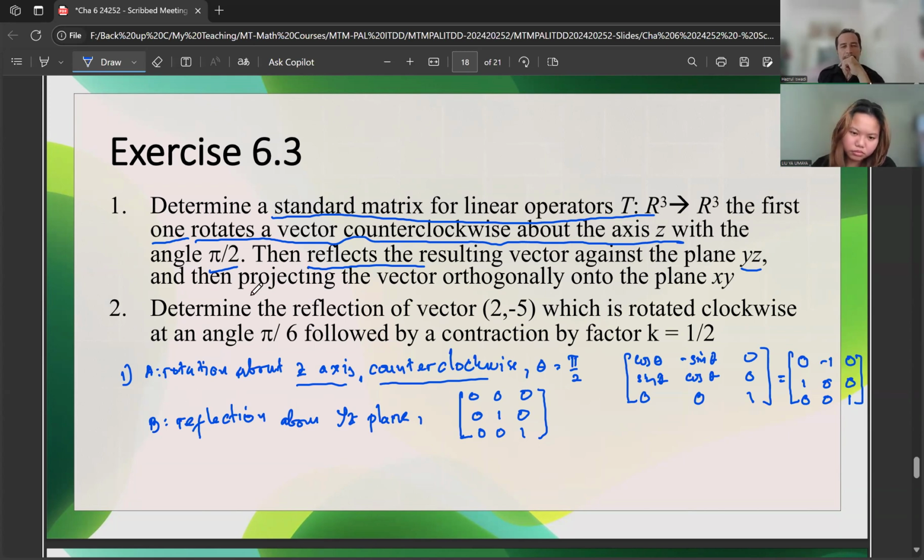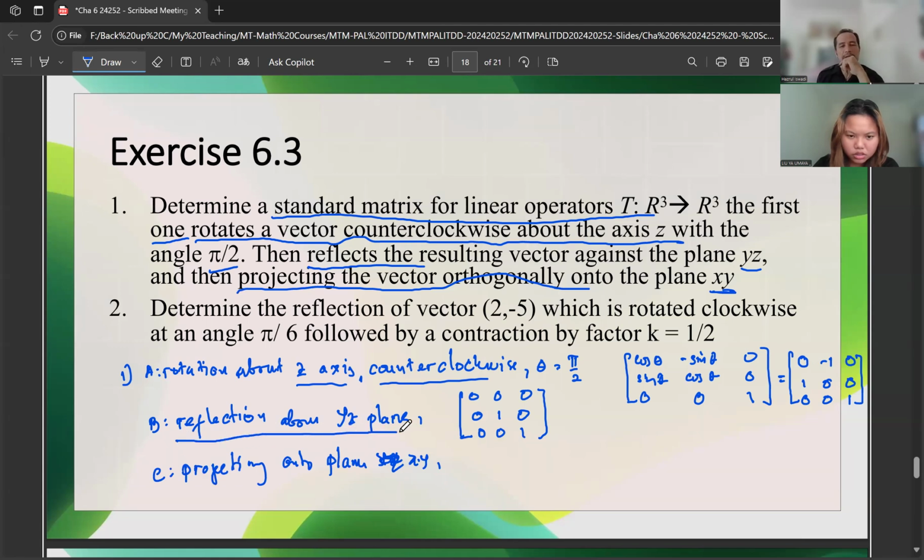And then what else? Projecting a vector orthogonally onto the xy plane, so z will be 0. Oh, sorry.